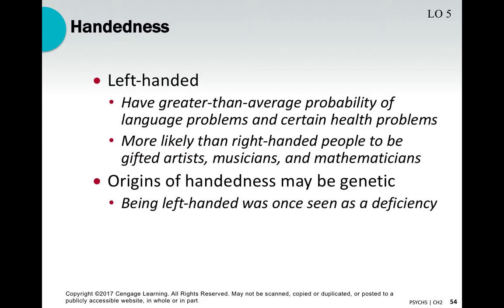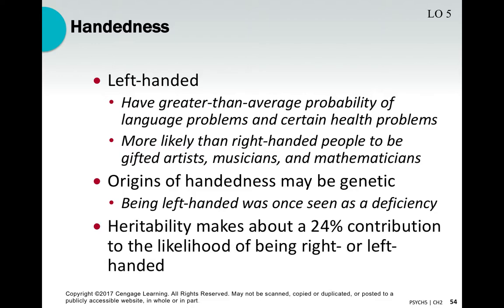It's linked to genetics. Being left-handed, some people saw it as a deficiency. If you grew up and went to Catholic school as a child, maybe if you were left-handed, you might have been corrected not to be left-handed. Unfortunately, that was a common practice, I hear from friends, family members, and other people I knew who went to Catholic school. Not trying to insult Catholic schools, but you just hear horror stories like that often.